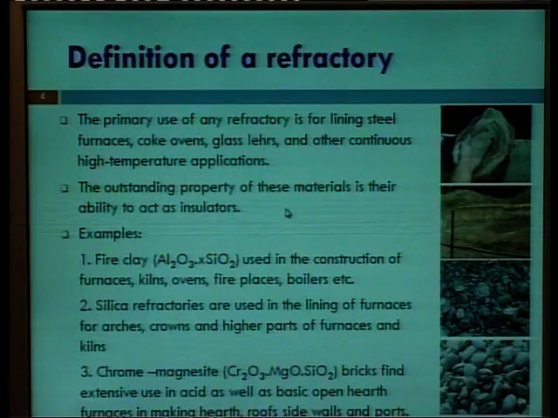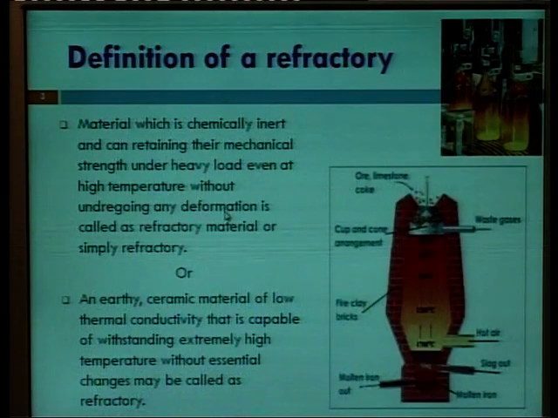Based on the applications, we have defined the materials as either obtained from the earth or modified from the material taken from the earth, and they have low thermal conductivity particularly, and can withstand very high temperature without any essential change.